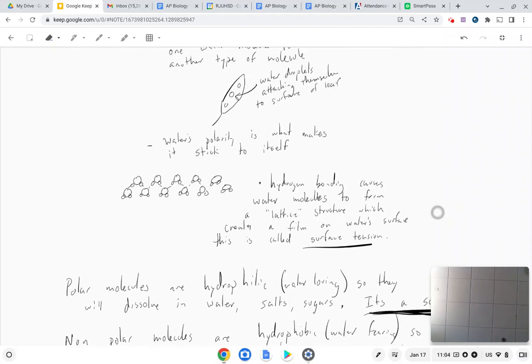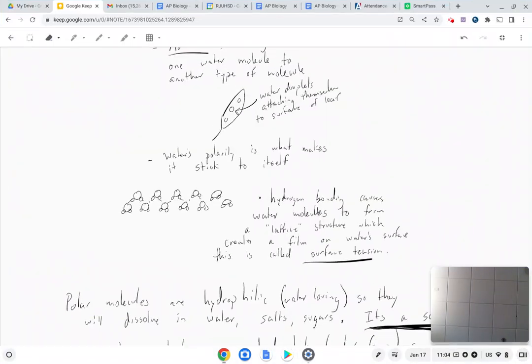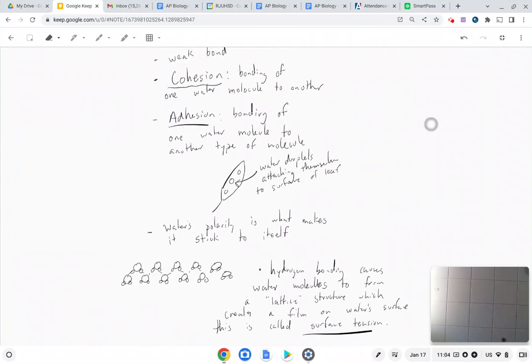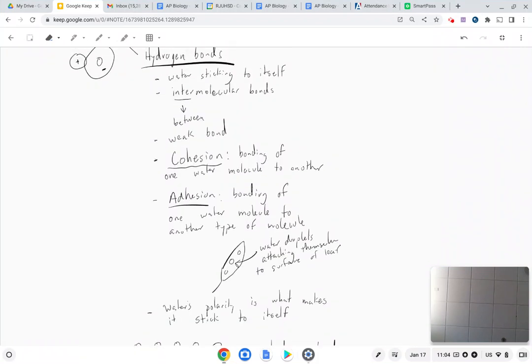We also talked about the fact that it forms a surface tension. And then up here, we talked about the fact that water sticks to itself through cohesion, and water has the ability to stick to other things through adhesion, all of which are useful to living things.